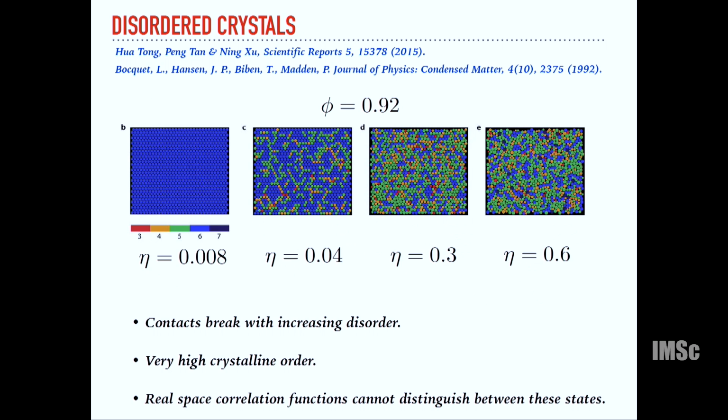We add the polydispersity to the particle sizes, and we tune the disorder all the way from crystalline to the amorphous case, and you can see that there is contact breaking with increasing disorder in this model, but it still has very high crystalline order up to a large polydispersity. And if you look at real space correlation functions, it's very hard to distinguish between this configuration and this configuration. Here the color represents the number of neighbors of every particle.